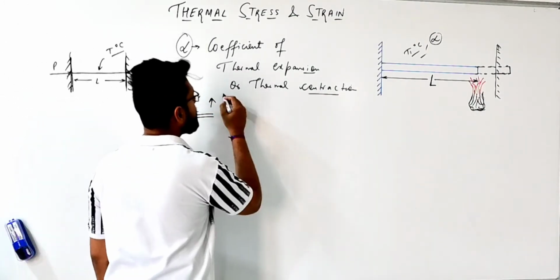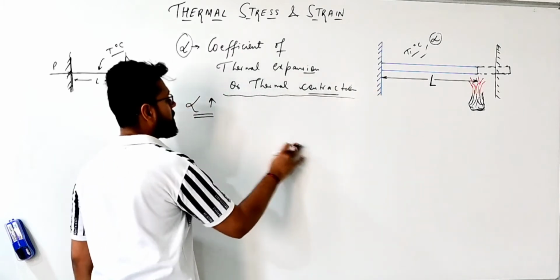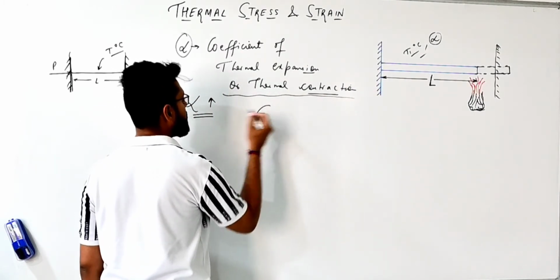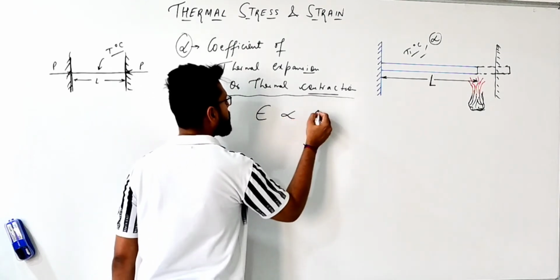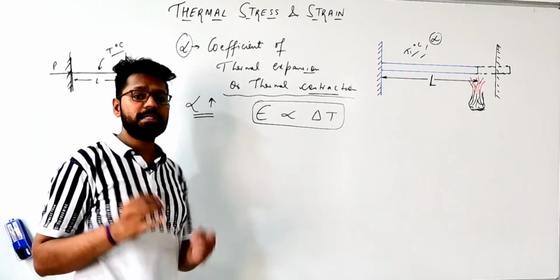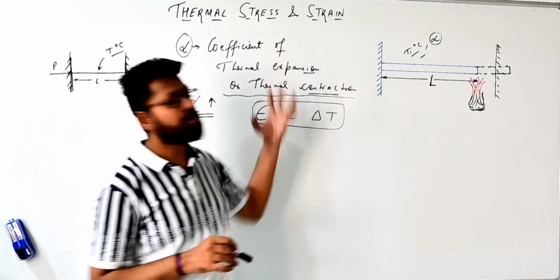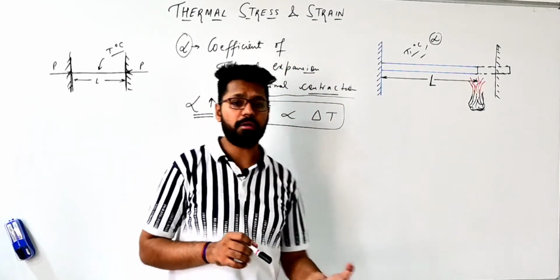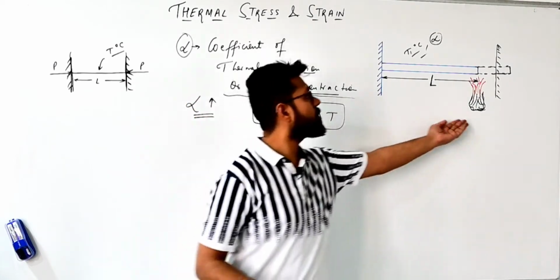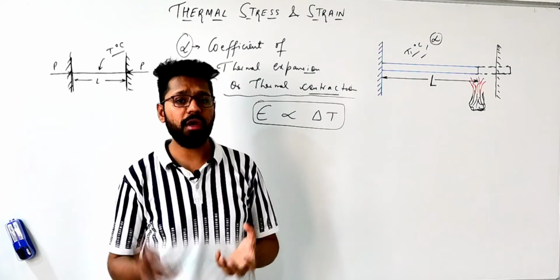So what will be the free expansion? First of all we will write strain. Strain is directly proportional to del T. What is del T? Del T is the temperature gradient. In thermal stress problems, del T terms will occur. Why? Because one is the surrounding temperature and one is the temperature to which we are going to heat.